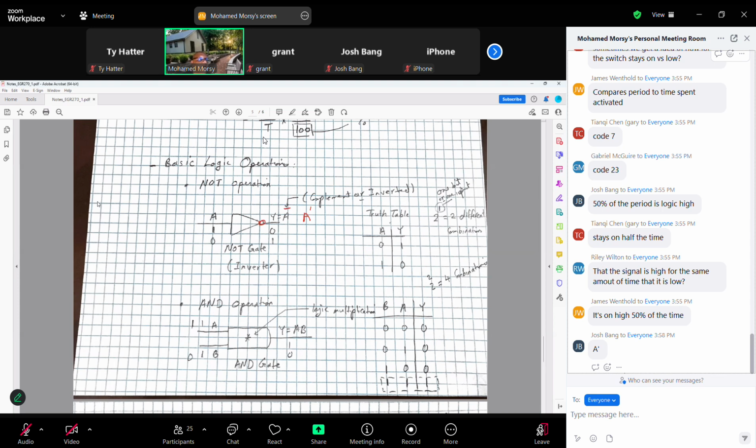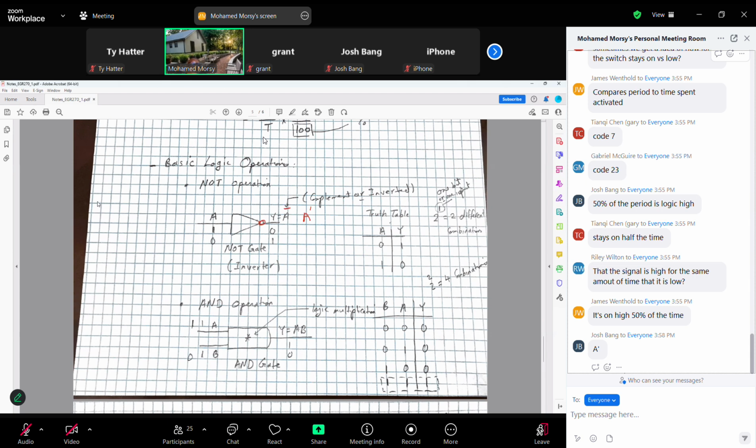A inverted means if A is 1, the output is 0. The invert of 1 is 0. If the input is 0, the output will be 1. So this is the function of this inverter.